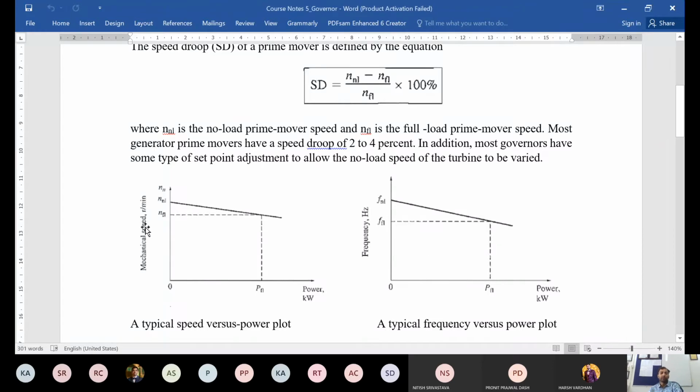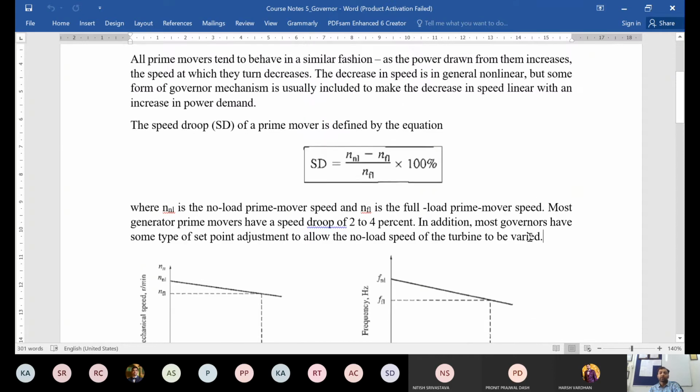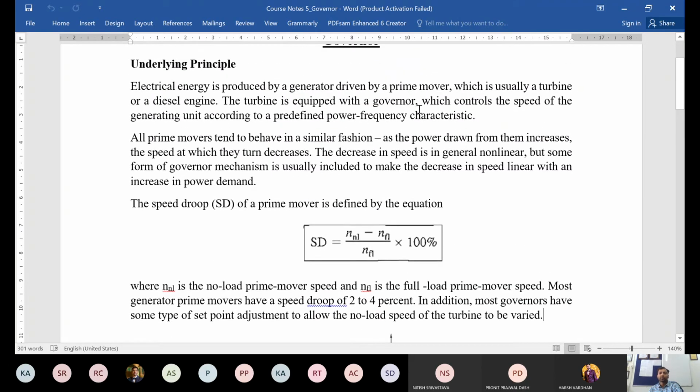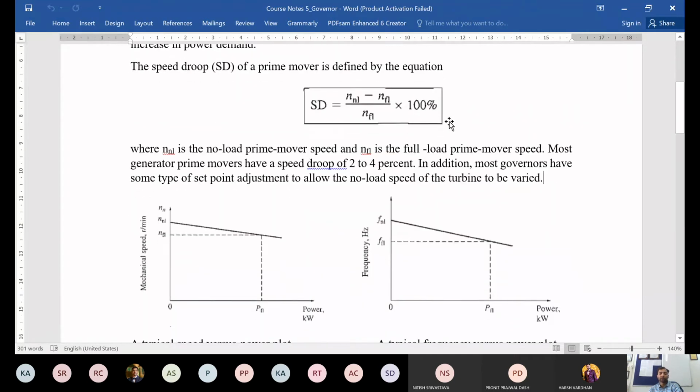If we multiply n by the factor P by 120, we straight away convert it into a frequency. That's why the frequency will exactly follow the speed droop curve, and therefore the power versus frequency plot has the same characteristic as the speed droop. That's why there is a very strong linkage between these two, and the power and frequency characteristics are very tightly linked together.